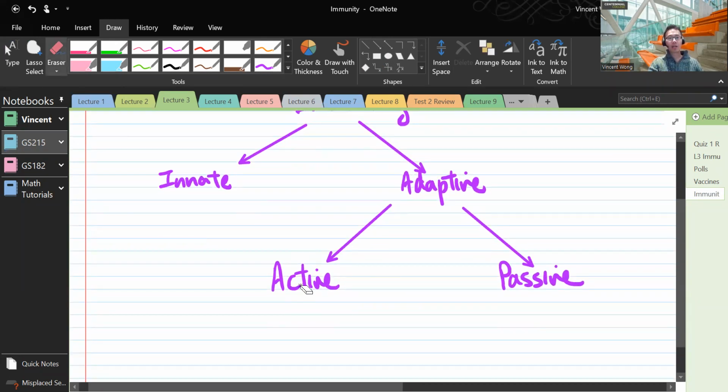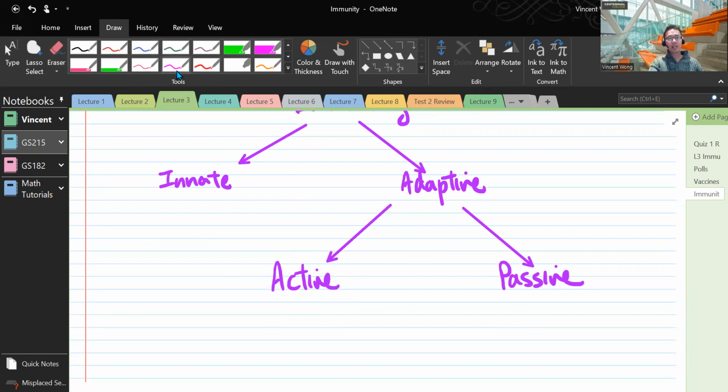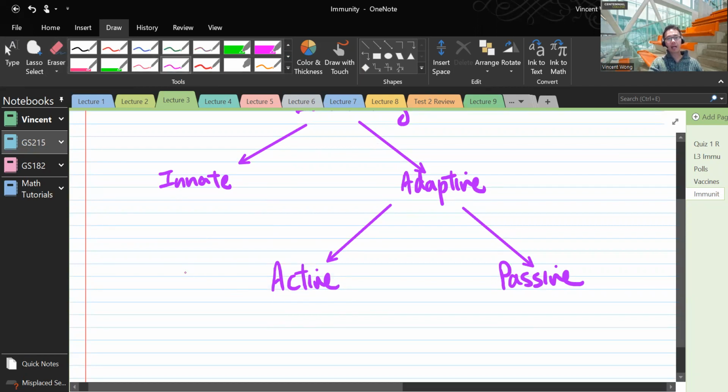For active immunity, the meaning is that the host, you are the host, the person who gets infected by whatever, that's the host, the host makes their own antibodies.